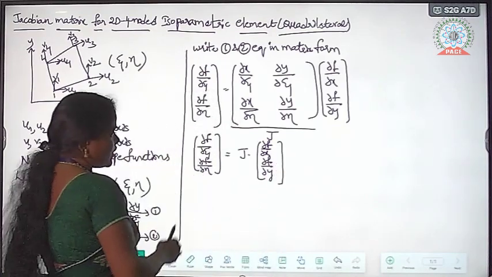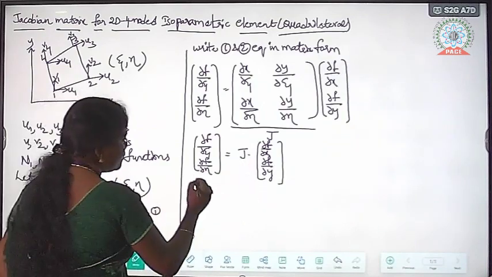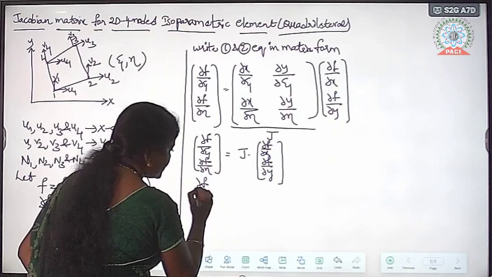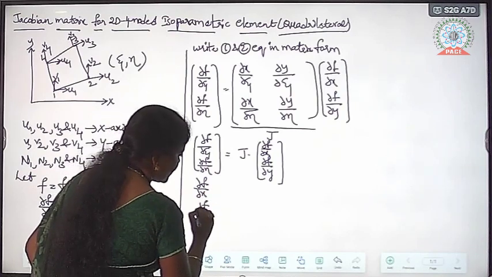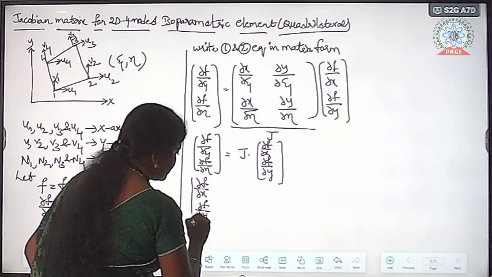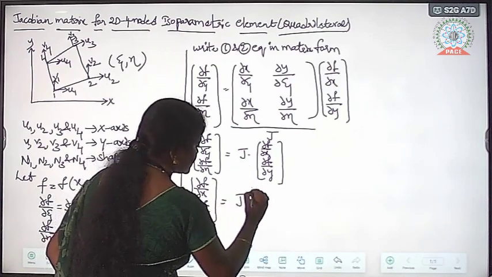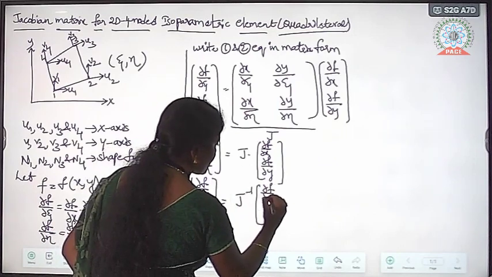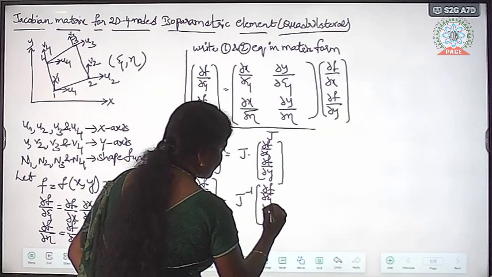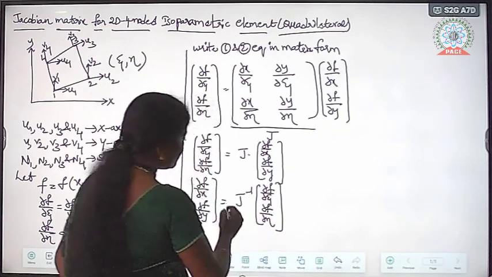Okay, we have to find the x and y derivatives. In order to find them, we write on the right side dou F by dou x and dou F by dou y equal to J inverse into the column of dou F by dou xi and dou F by dou eta. So how do we find J inverse?